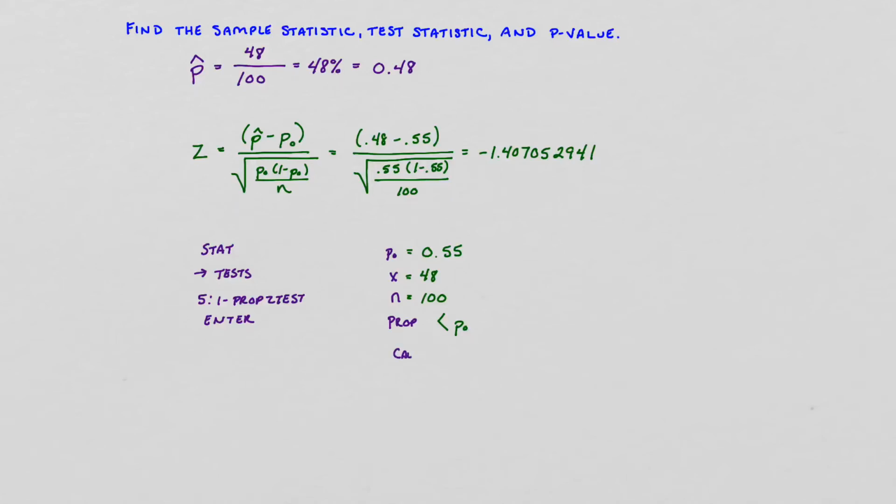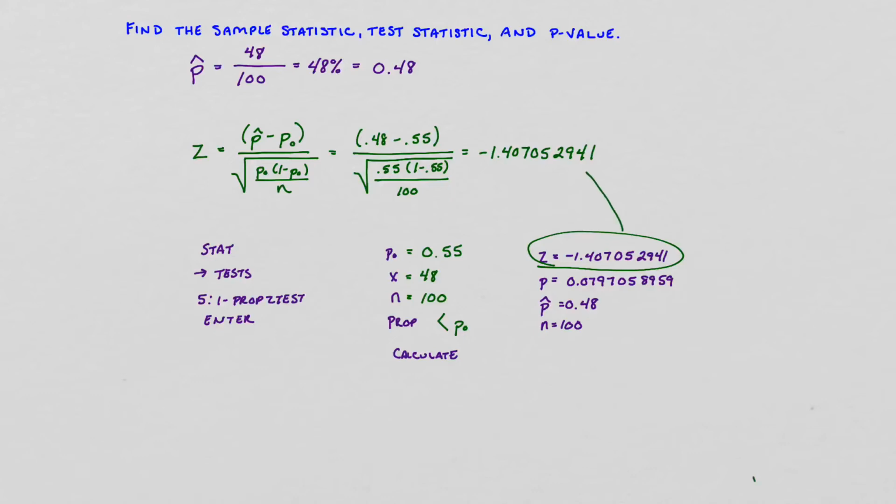After this, we'll go ahead and do a calculation, and we'll get the following results. As you can see here, we do get the same z-score, or the same test statistic, that we had when we had done this by hand. The p that you see here, this is your p-value.